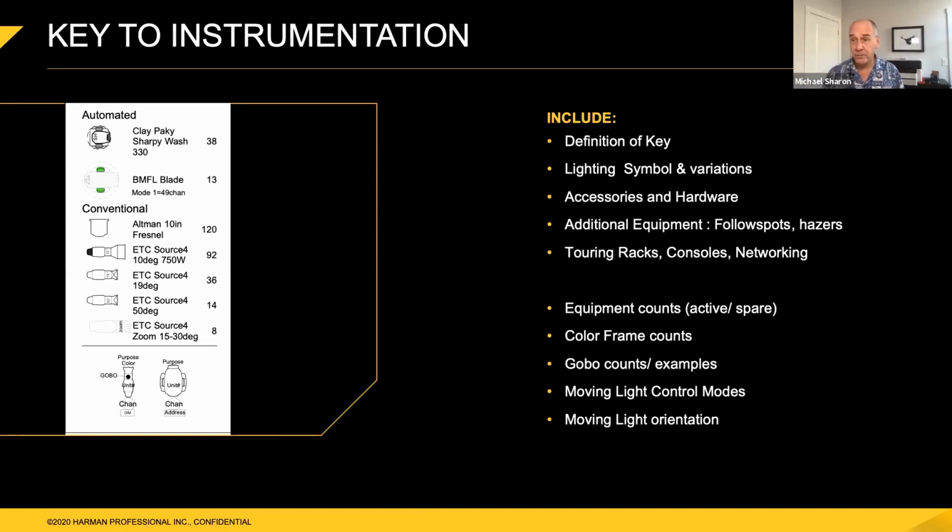Depending on the scenario, you might throw in color frame counts, gobos and examples of gobos. I was touring with a ballet company one time, and we would have a gobo wash, just standard foliage gobo wash over the entire space.